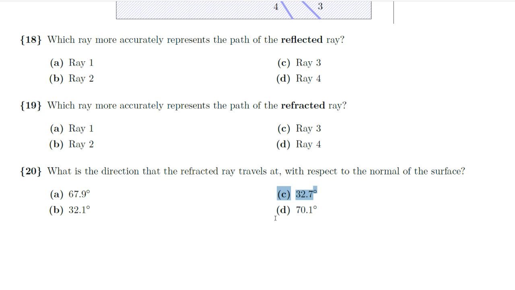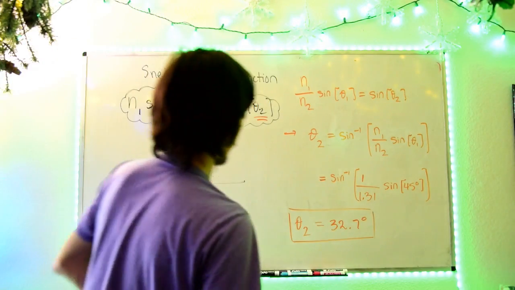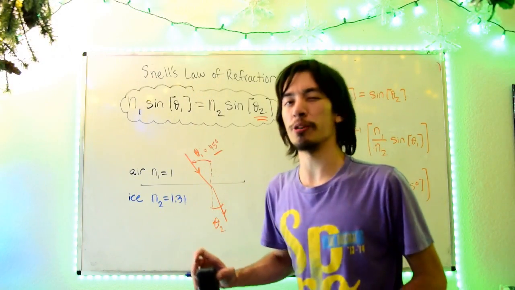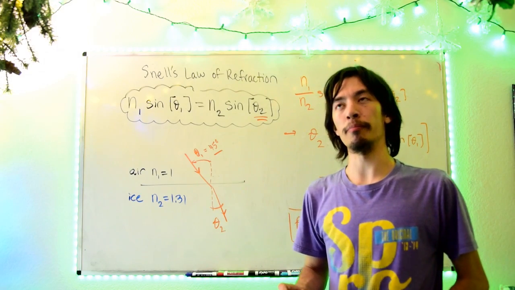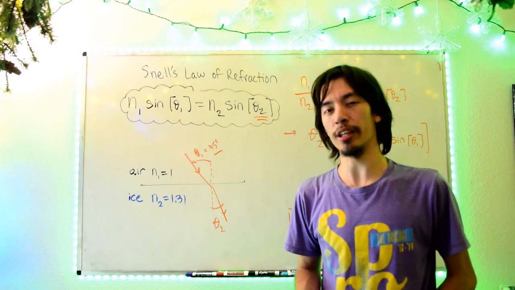You want me to explain again why the refracted ray would bend towards the normal conceptually in ice? Okay, if you're looking for a conceptual reason, let me give you a brief overview of what happens with that. It's hard to explain it conceptually. It's more so with the equation that you can determine that.